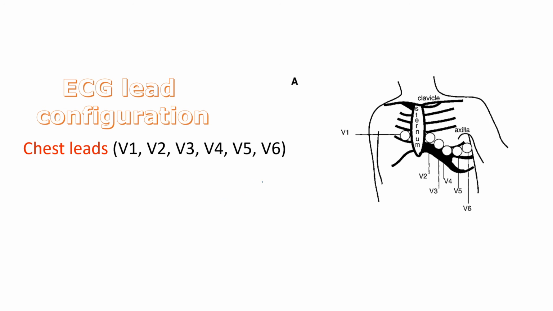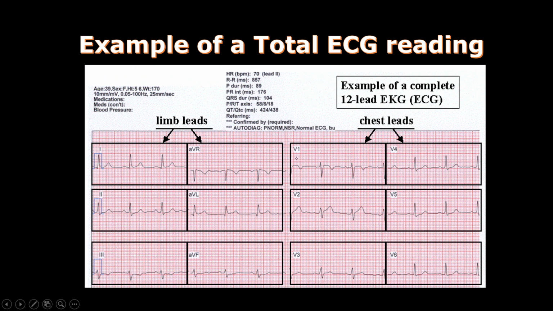It means that you're going to measure the potential difference between V1 and ground, V2 and ground, and so on. This is an example of the complete 12 lead ECG. You need to record each of the lead configurations: lead 1, lead 2, lead 3, aVR, aVL, aVF, and all the electrodes connected to the chest.